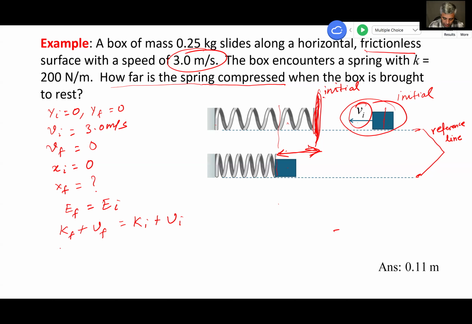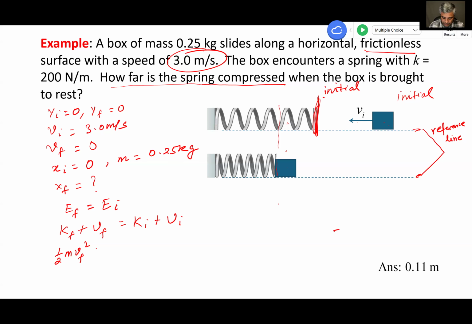Okay, so half m vf squared. The only thing that's moving is this block, so m is the mass of the block, which is given. So that's half m vf squared.